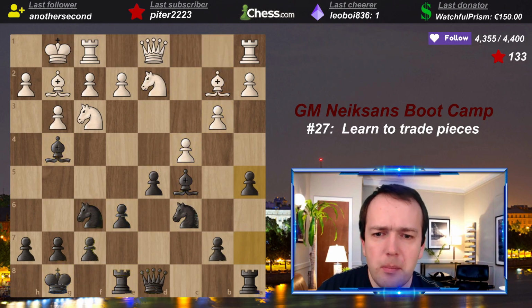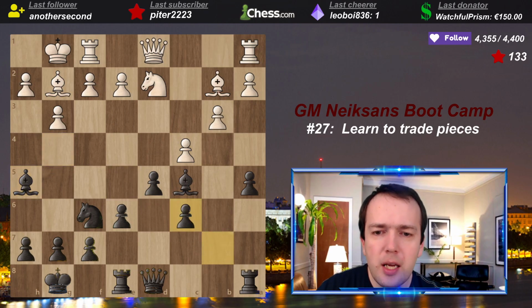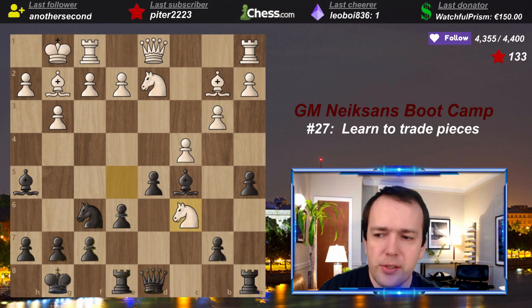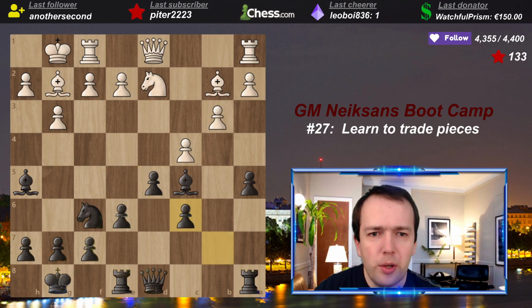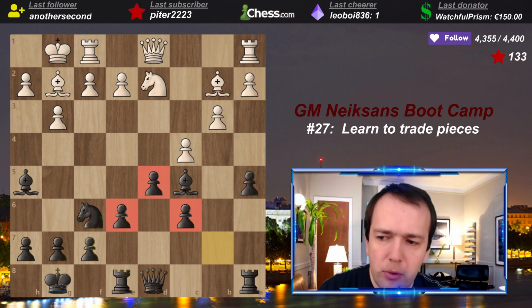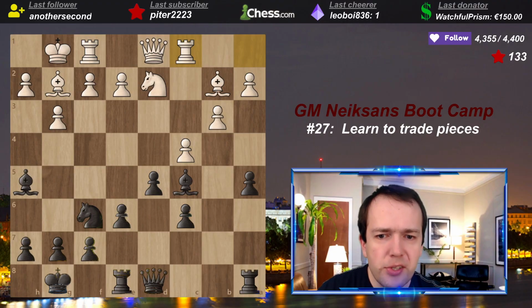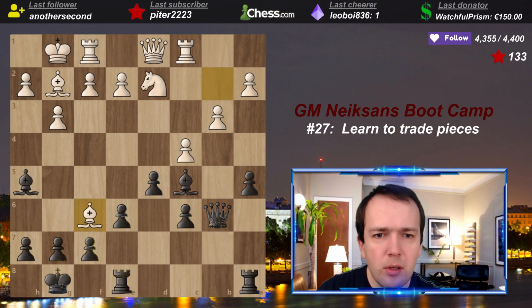Yeah, the opening doesn't really matter. A lot of trades. Here about 95, knight c6. This is not something that white normally wants to do because it only strengthens black's pawn center. Rook c1, queen b6. All right.